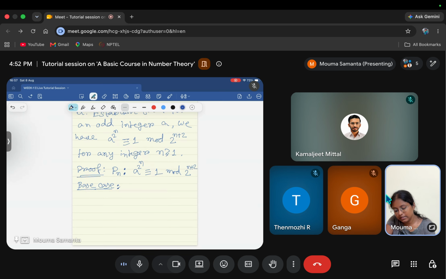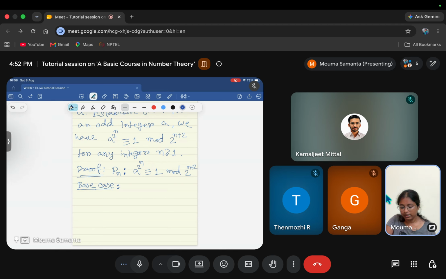Base case: if we take n equals 1, we have to show that for any odd integer a, a^2 is congruent to 1 mod 2^3. That means a^2 is congruent to 1 mod 8. This base case itself can be a question of 2 or 3 marks.